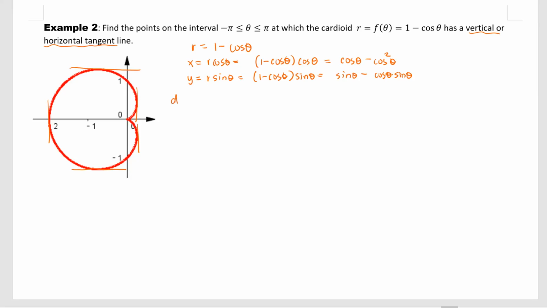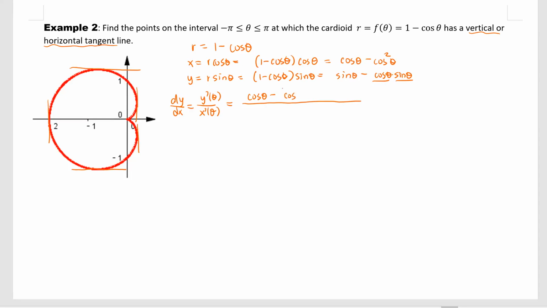Alright, so what is dy/dx? Y prime of theta over x prime of theta. Y prime of theta, let's take the derivative of y with respect to theta. Derivative of sine theta is cosine theta. And then derivative of cosine times sine, that is the product rule.